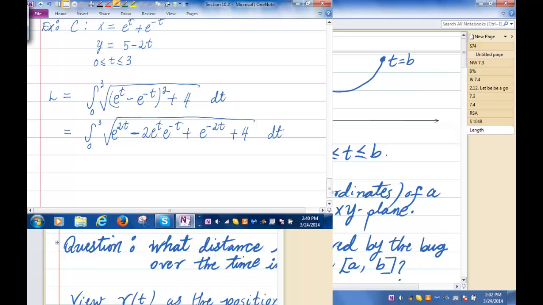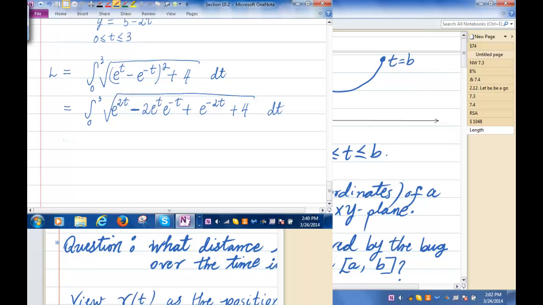Alright, so now you realize that e to the t times e to the negative t, you are going to add the exponents, so you get e to the 0, and e to the 0 is 1. So that's just negative 2 then, right?